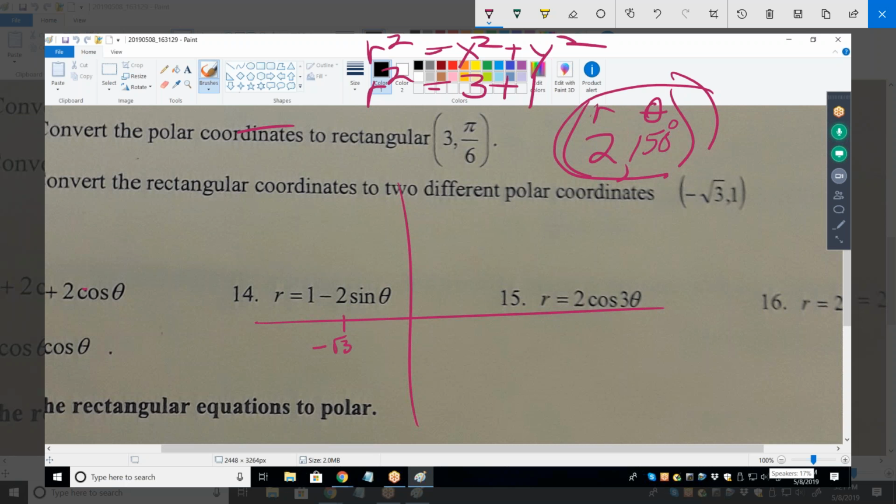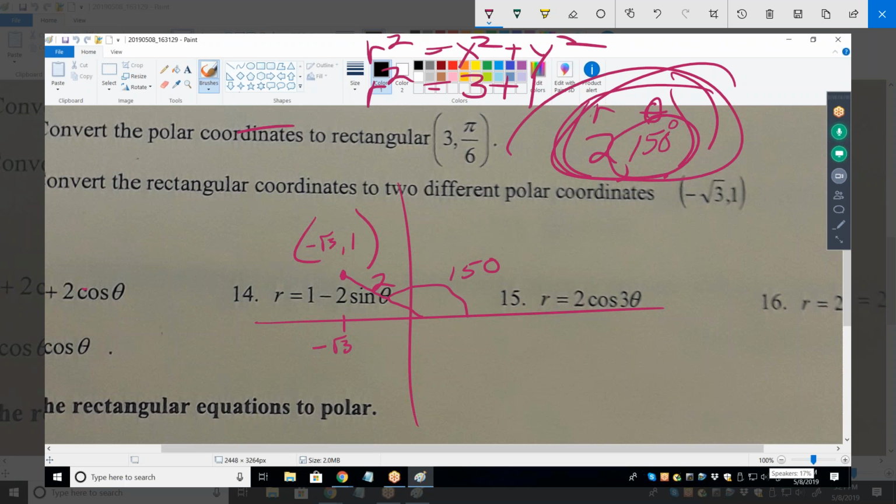And then it's up 1. So that's the rectangular point, minus root 3, 1. Okay? And this point right there, the polar coordinates, needs to fall on that same point. Well, the first thing you do is do the angle. Well, that's a 150 degree angle right there. And then you go out a distance of 2.